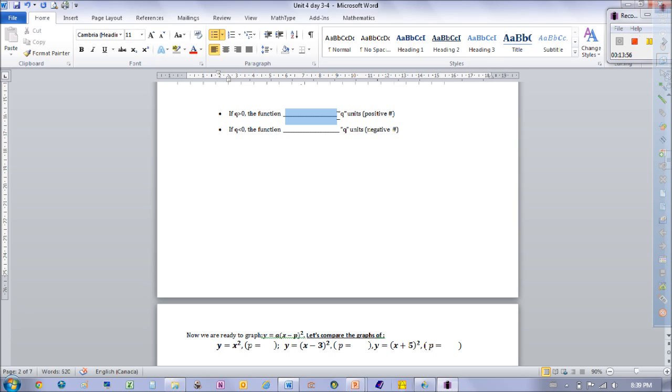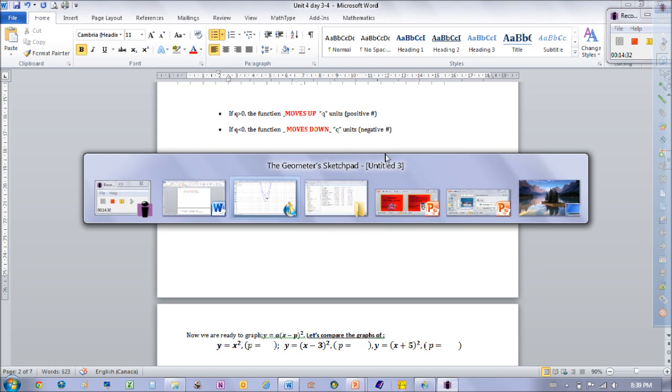We can conclude that the function moves up q units, which means a positive number, and if the q value is negative, the function moves down q units, or a negative number. So if the q value is positive, the function moves up q units. If the q value is negative, the function moves down q units.